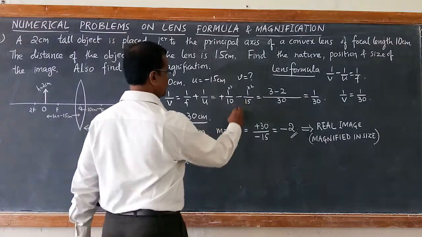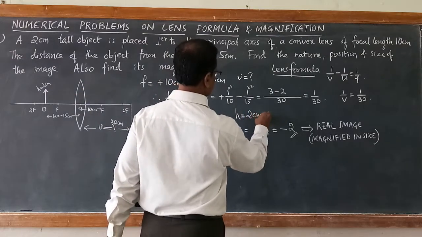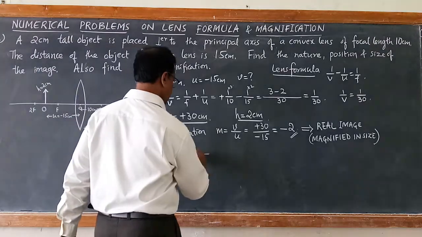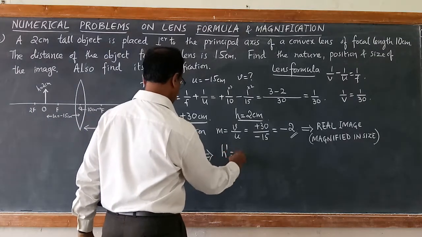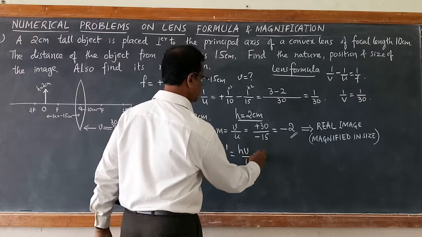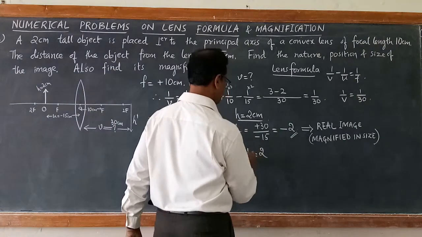We know that h is equal to 2 centimeter. So we can find out h dash. This implies h dash is equal to, taking this h towards the right side, h times v by u. h is 2 times v by u.